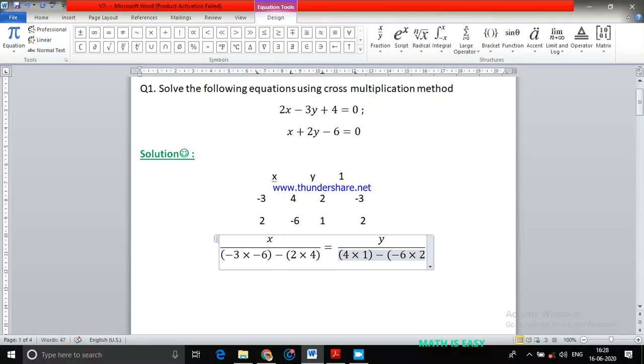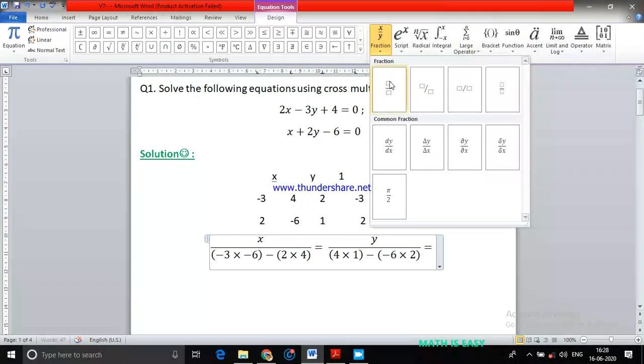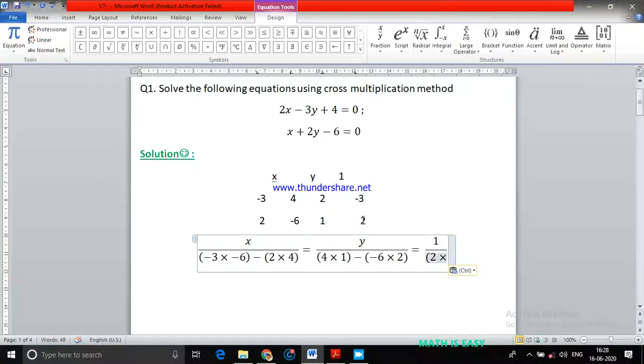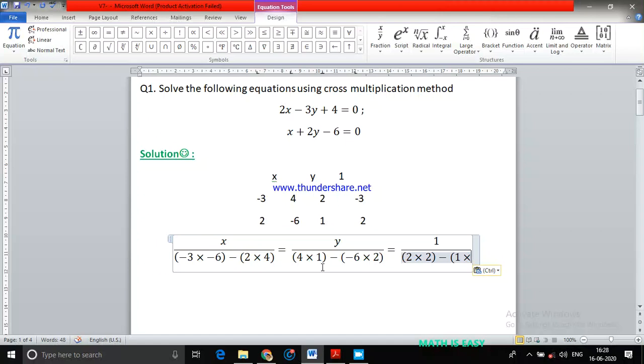The bracket is closed, which equals, again a fraction will come, 1 upon, and then these two numbers will be multiplied, 2 into 2 minus, so here 2 into 2 is multiplied, minus 1 into minus 3.